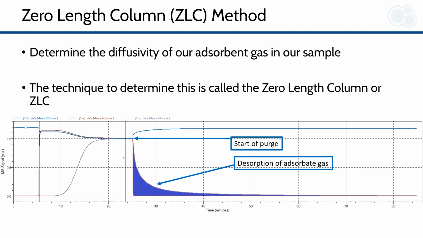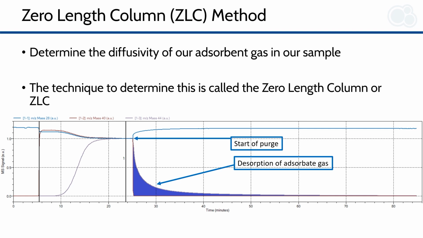In this case, mass 40 or argon is our inert that we're using for both the start of our breakthrough experiments and the end of our breakthrough experiments. We can see that the sharp increase and subsequent decrease at the end of the experiment is very sharp for argon, whereas when we look at our mass 44 here, the decrease is more gradual.